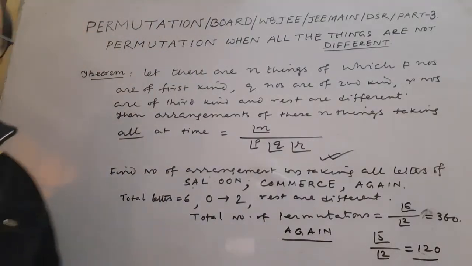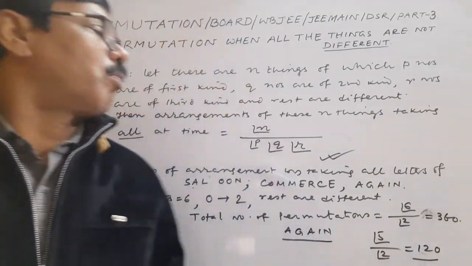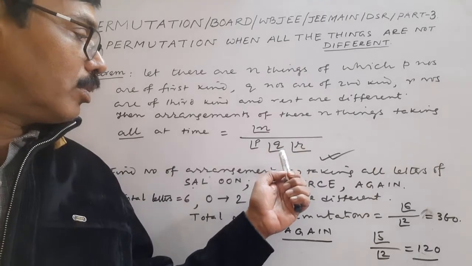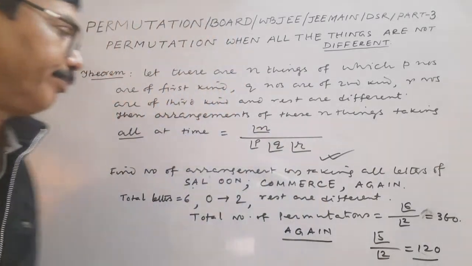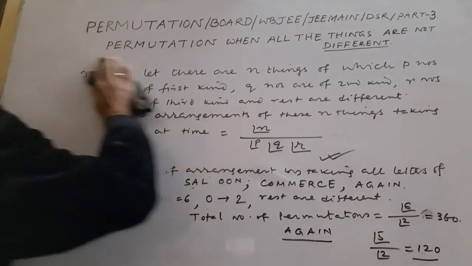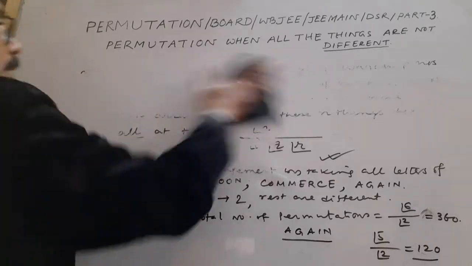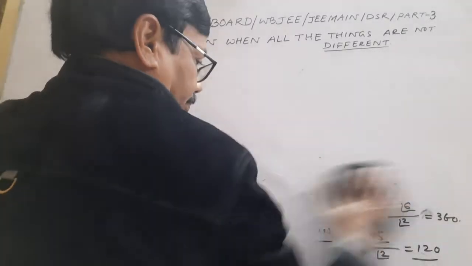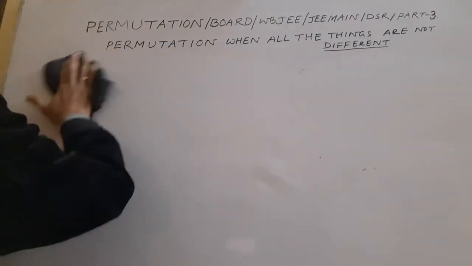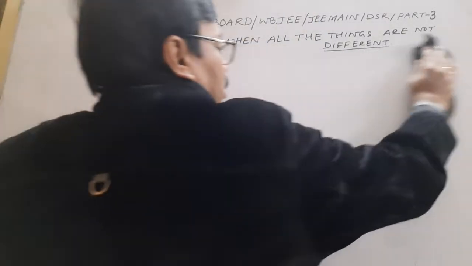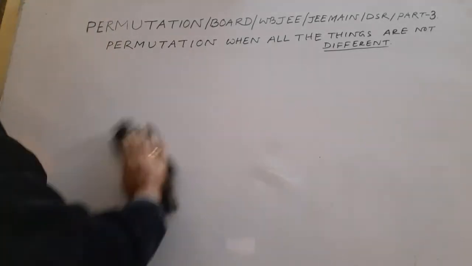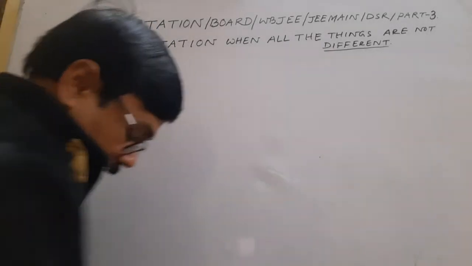Now we consider problems involving this theory but with some restriction. Same type of problem as in the previous video. Here the articles are repeated articles.